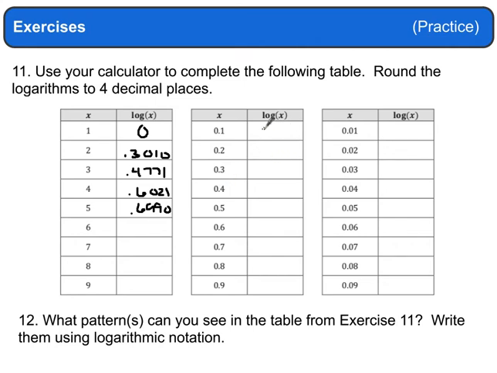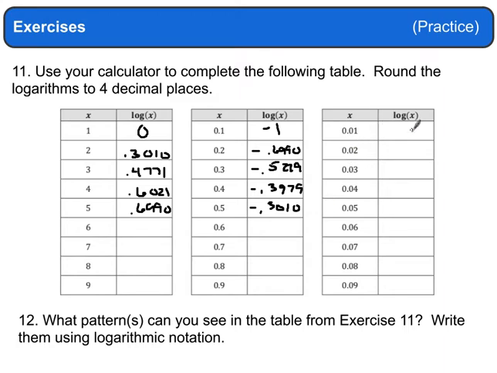So this would actually end up being -1. And so this would end up being a -0.6990. This would be a -0.5229. This would be a -0.3979. And this one would be a -0.3010. You start to see kind of an idea maybe developing here.